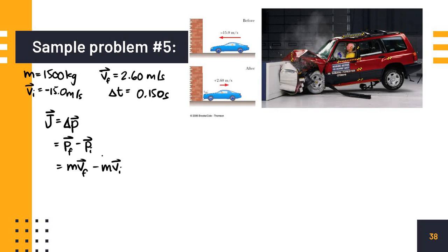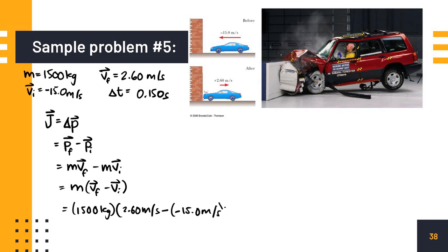Since the masses in our equation are equal, we can factor that out. So that's m times final velocity minus initial velocity. So we can now substitute our givens inside our equation. So this will become mass is 1,500 kilograms, times final velocity 2.6 meters per second minus negative 15 meters per second.